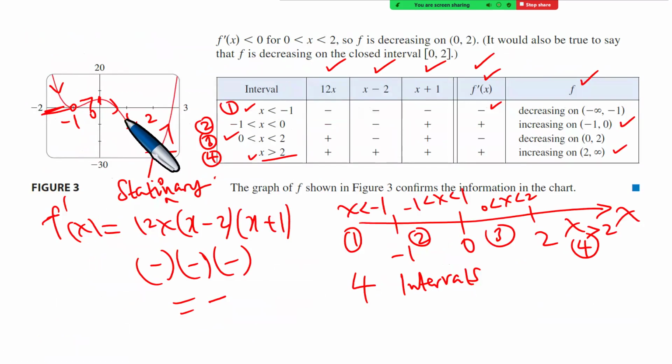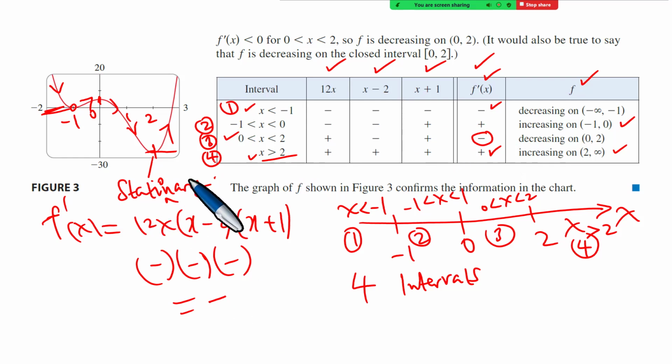At 2 you can see it changes from negative slope to positive slope. I want us to look at it in many ways. You can even look at it from the chart, because you're able to see that to the left and to the right there is a change from negative to positive on the chart.